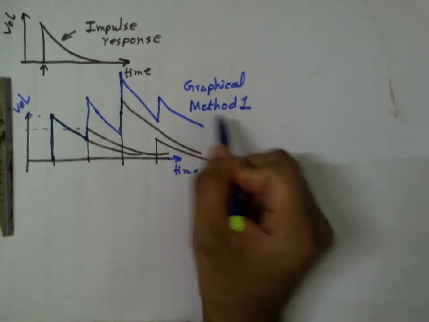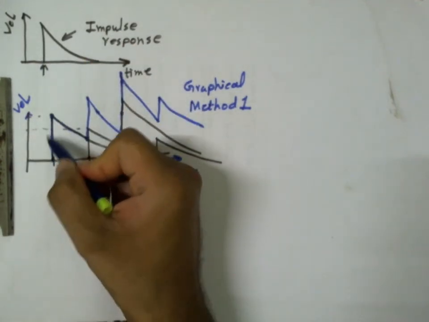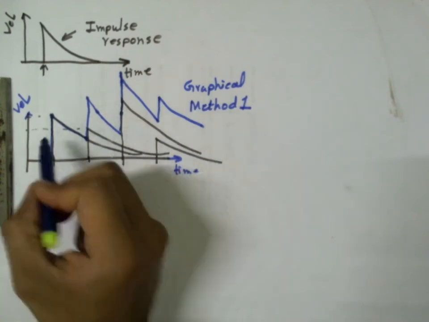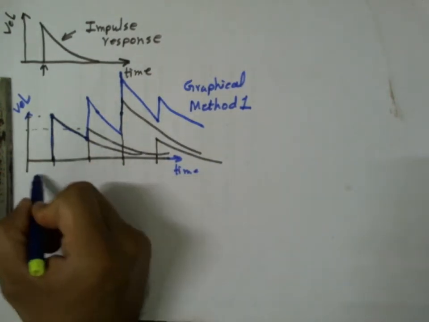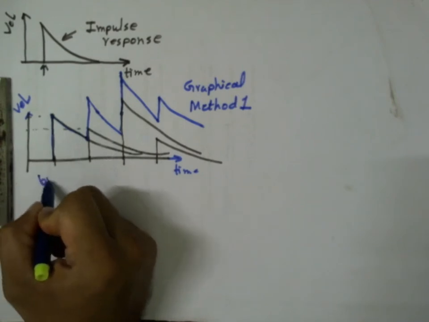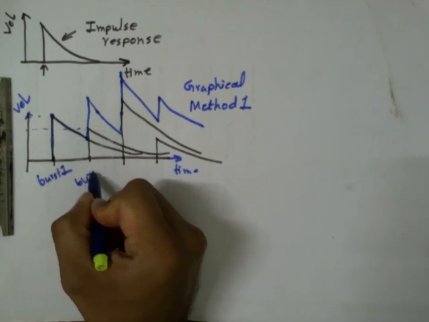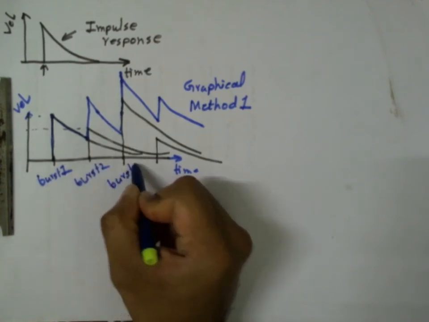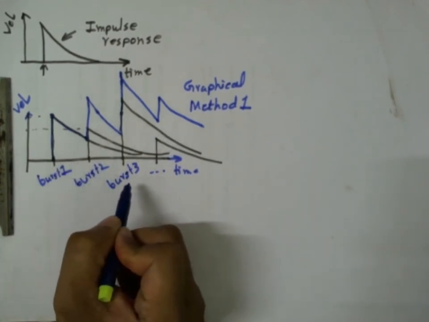In method 1 we have considered individual rocket ignitions separately. So this is called burst 1, here is burst 2, burst 3, and so on, and we have considered them separately and individually.